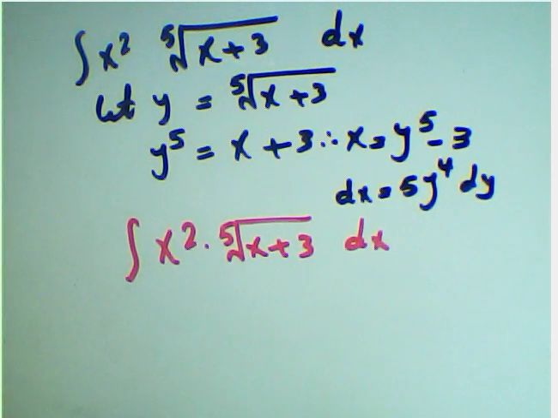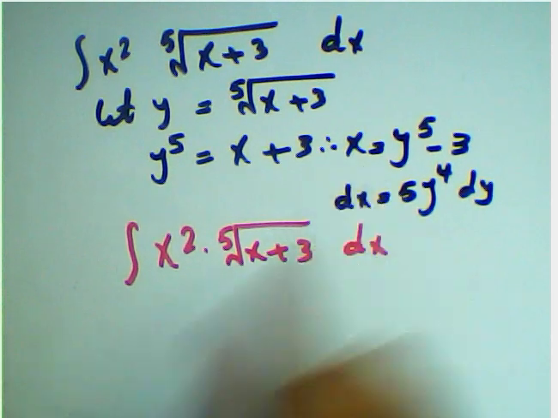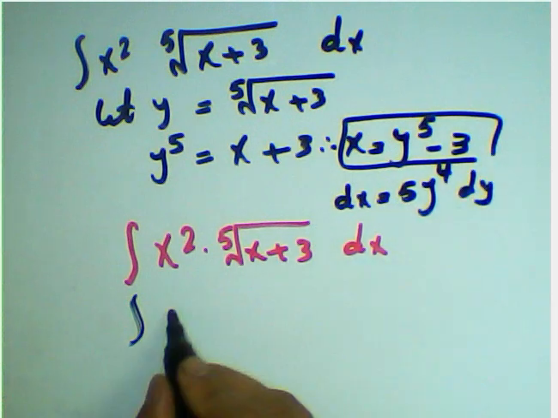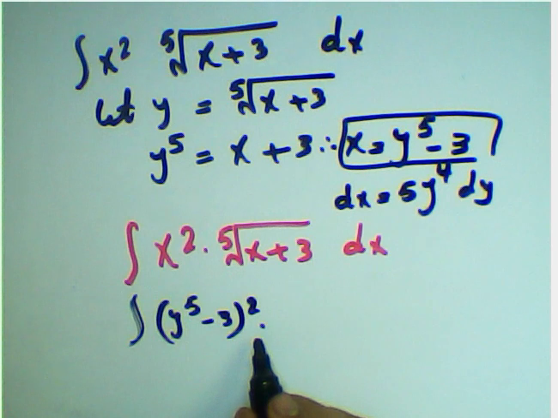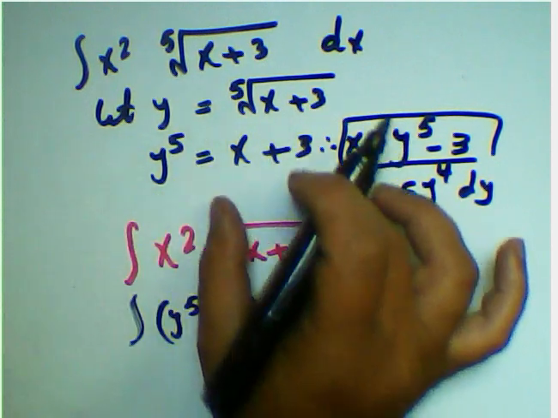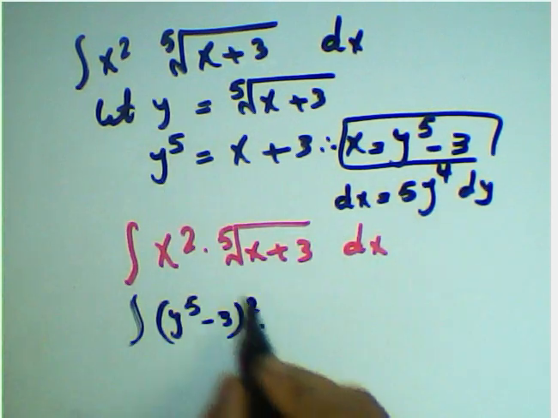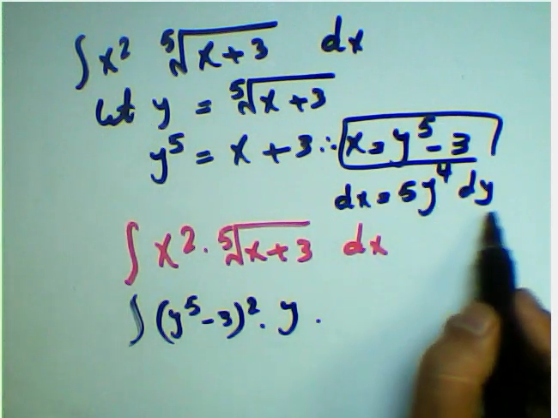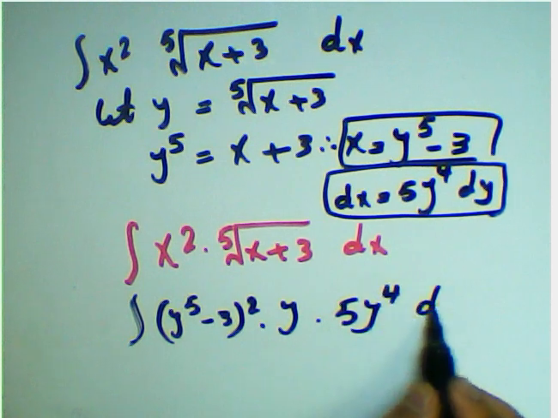It's the function. Let me put x power 2 here. We can write x power 2 as y power 5 minus 3, all power 2, multiplied by y, since y power 5 is this function here, times dx, which equals 5y power 4 dy.